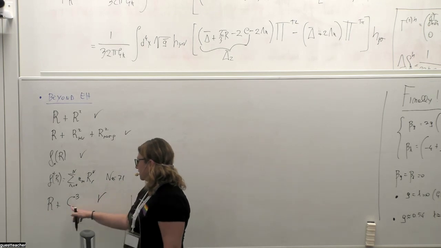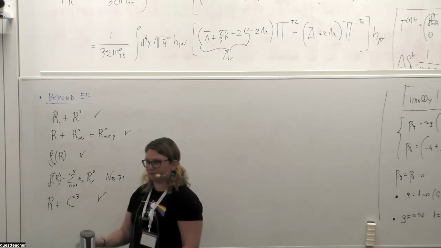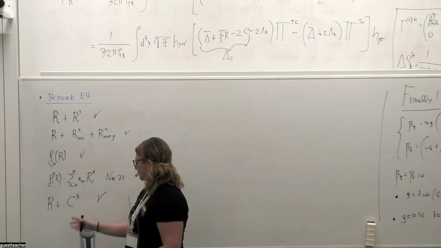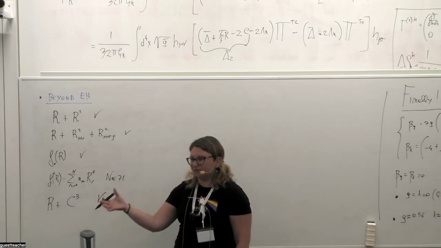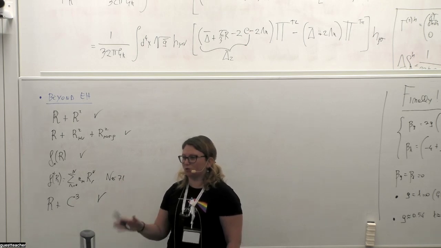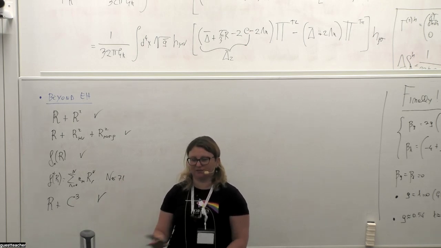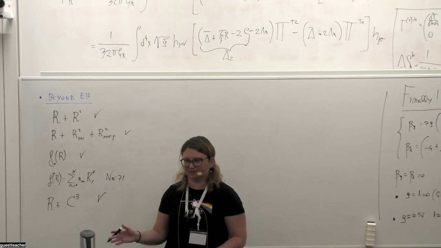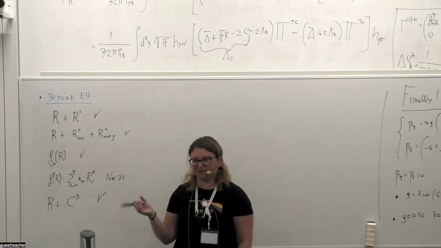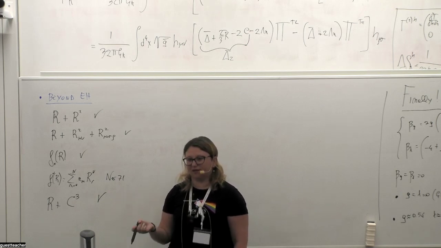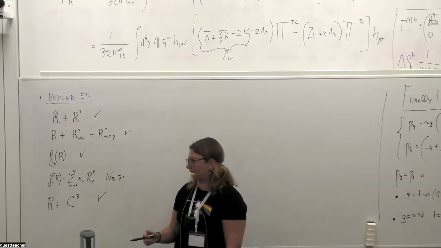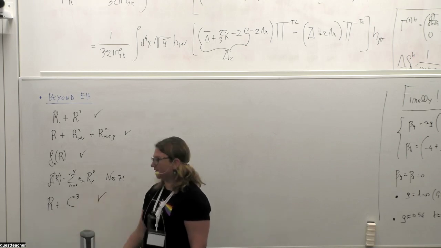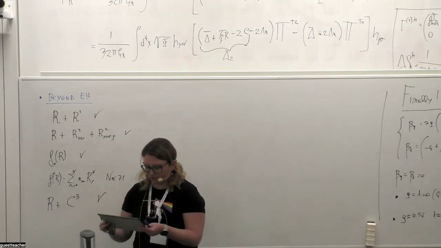And this was extremely important, because the Goroff-Sagnotti term was the one that, within the context of perturbative quantum gravity, signaled that it was impossible to have perturbative renormalizability of gravity starting from Einstein-Hilbert as an action. It was game over. And this was shown to be asymptotically safe.